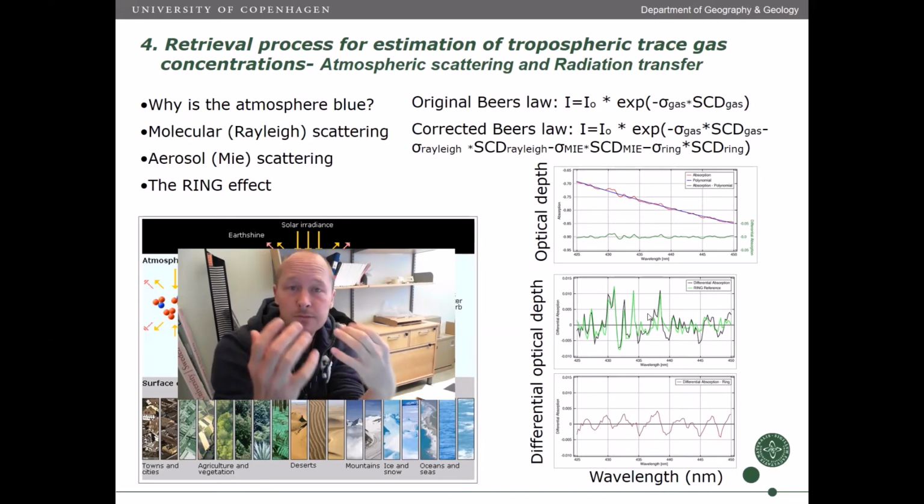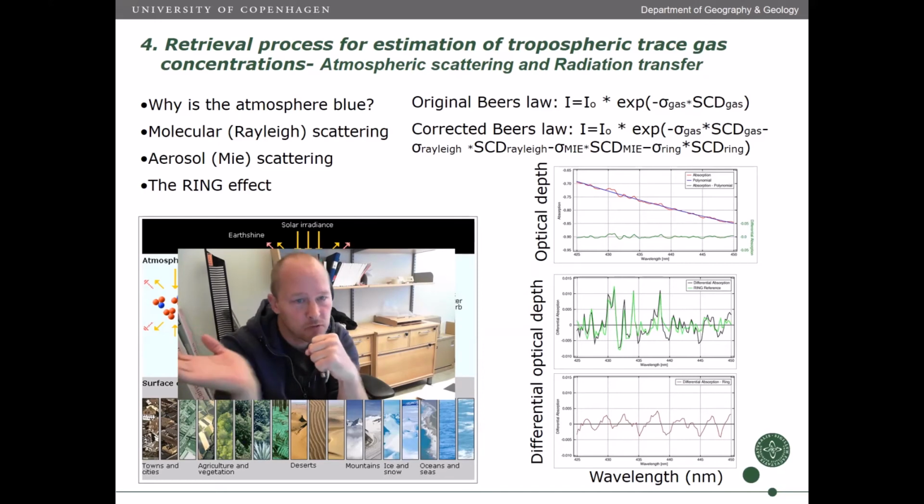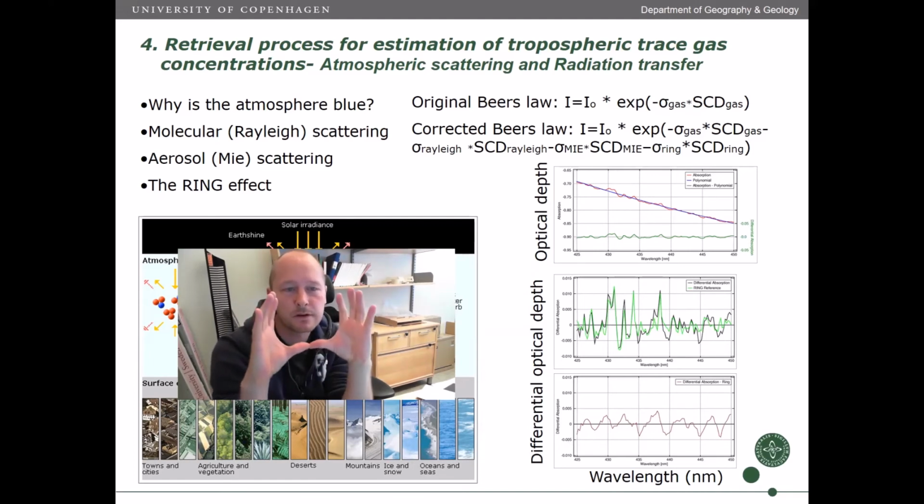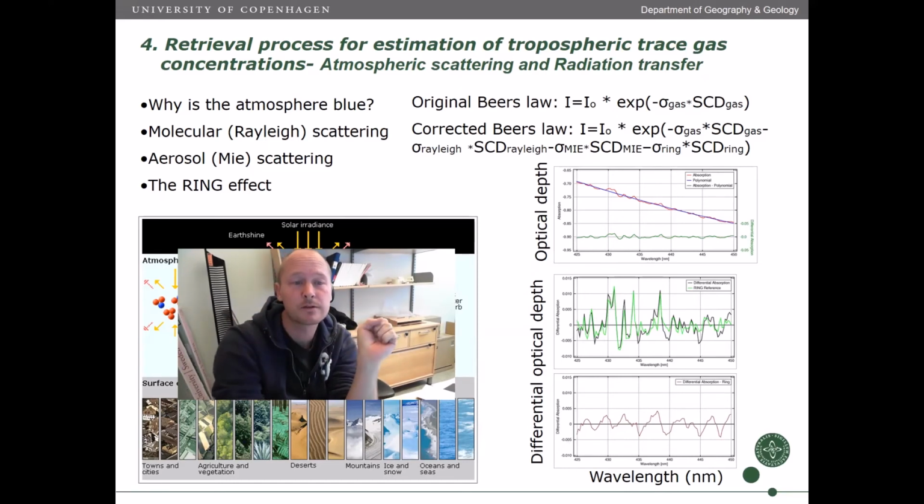And there are measurements of the ring effect from the atmosphere, so we can easily just remove that by taking these reference values. But what we finally have then is the actual absorption that is occurring within the atmosphere which we are interested in.